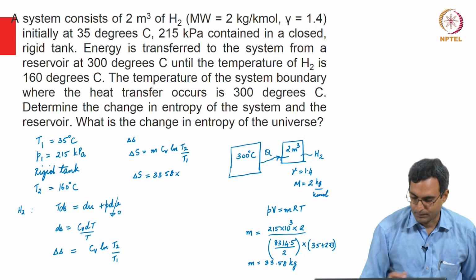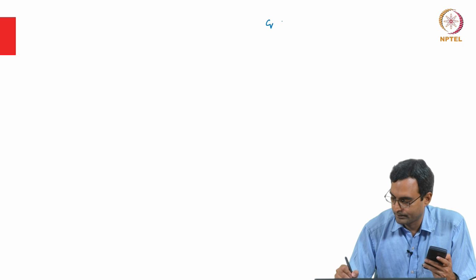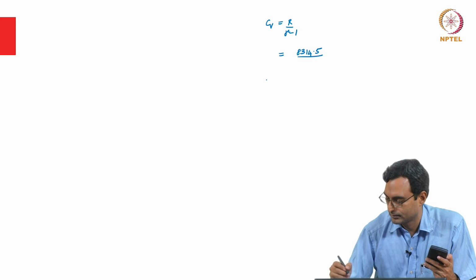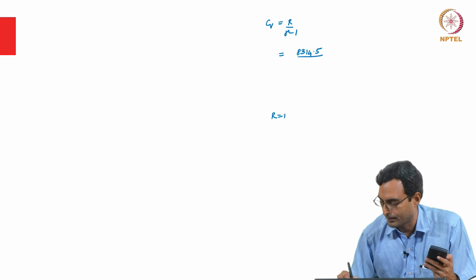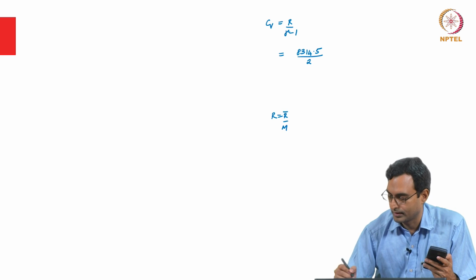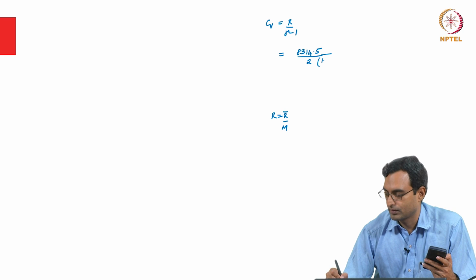So maybe let me go on to the next page. Cv for an ideal gas is R by gamma minus 1. So R is 8314.5 divided by... R is R bar by molecular weight. So that's 8314.5 divided by 2 in this case. Gamma is 1.4, so gamma minus 1 is 1.4 minus 1.